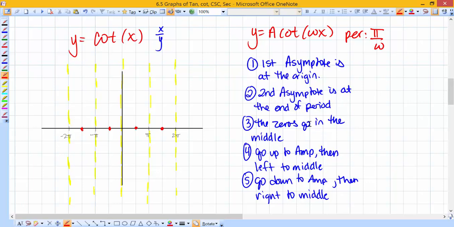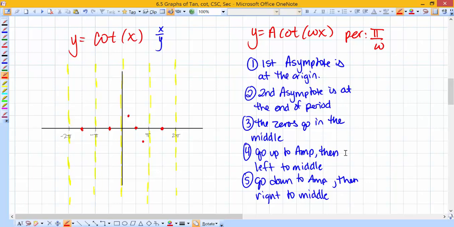So zeros are in the middle of all of your asymptotes, so you can see that. Now, I'm going to continue to use my unit circle so you can see where I got these notes from. I need extra points here. Pi over 4. The cotangent at pi over 4 is 1. The cotangent at 3 pi over 4 is negative 1.